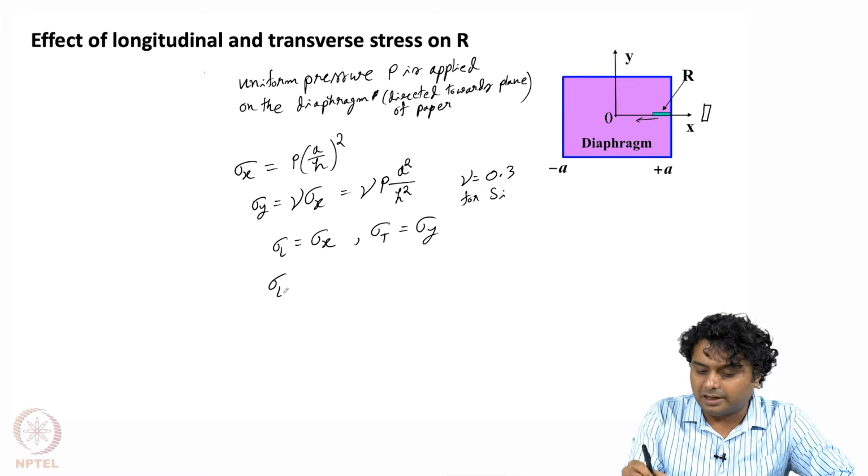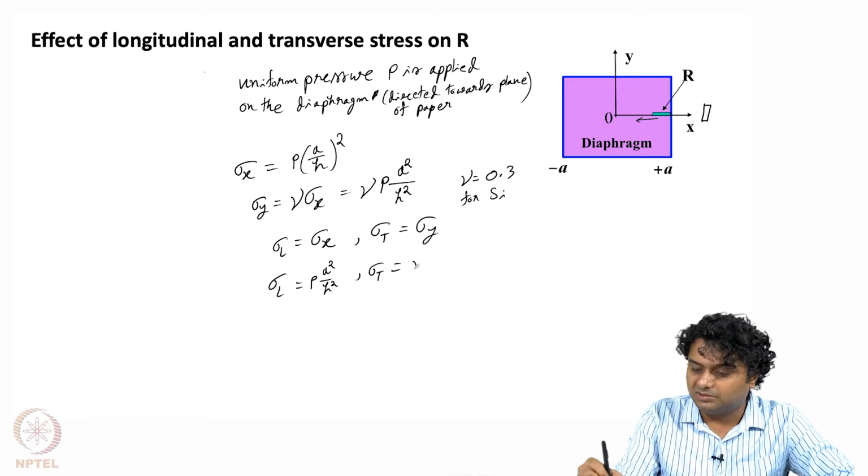So, we can write that sigma L is equal to P into A square by H square, and sigma T equals nu P into A square by H square.